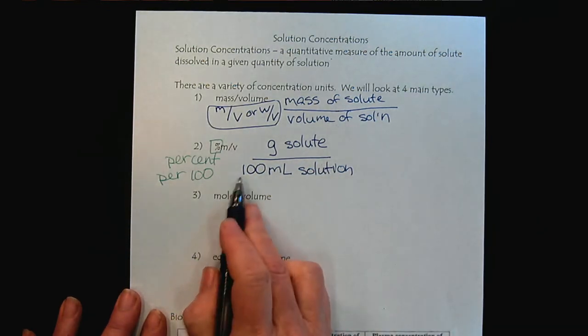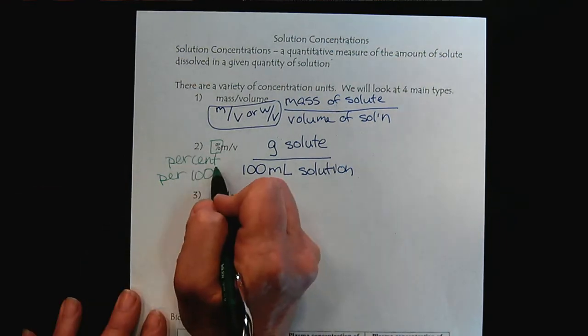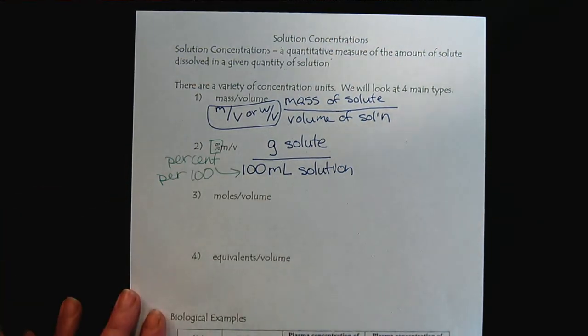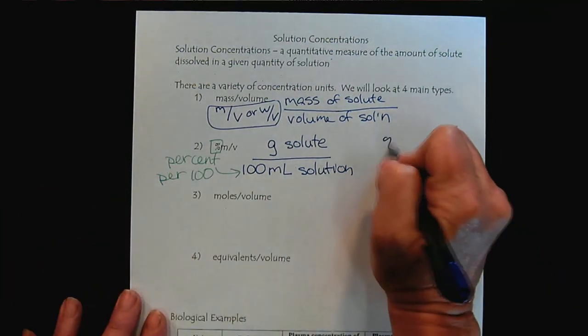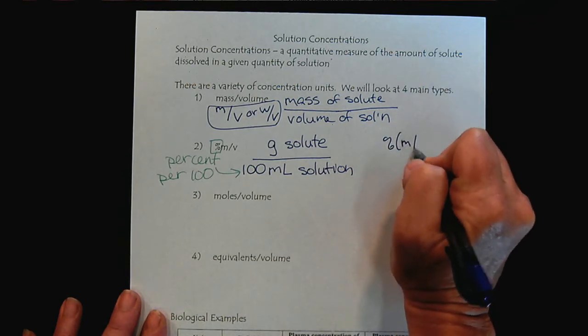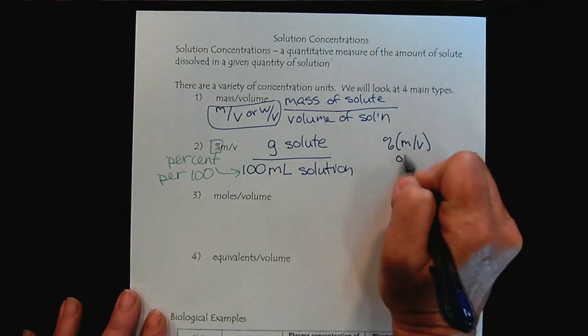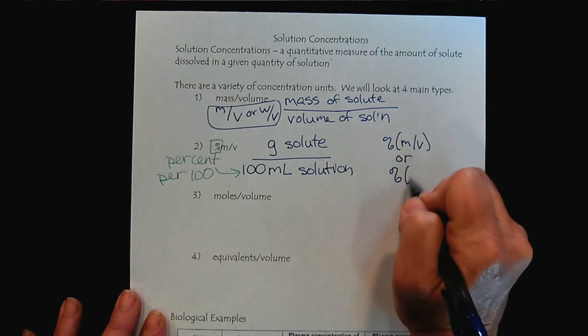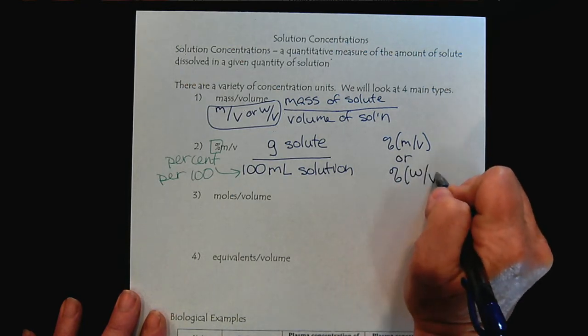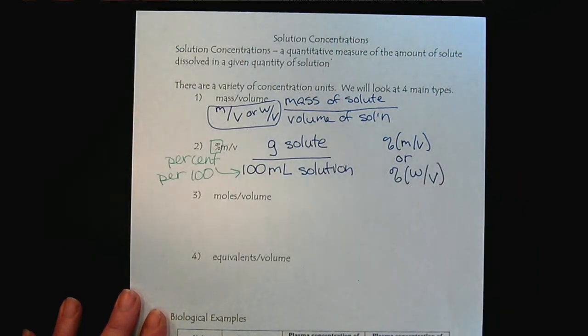So that allows for the percent part. And once again, often this has the parentheses here, percent mass over volume, or depending on who's writing the concentration, they may use W for weight. So you just want to recognize this as being interchangeable.